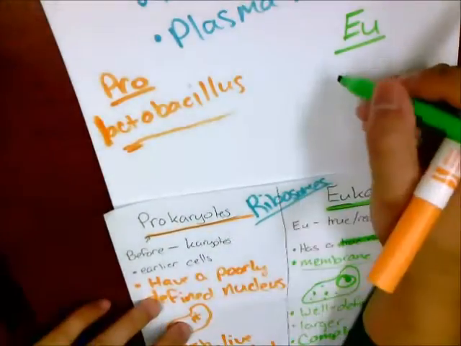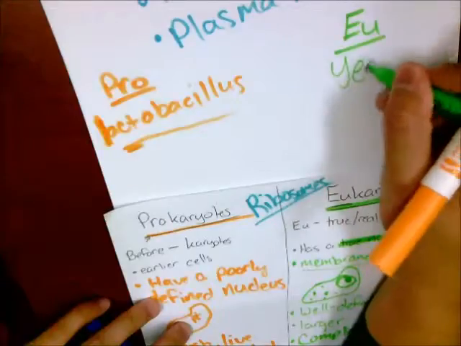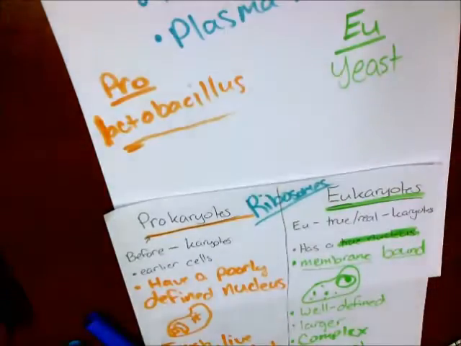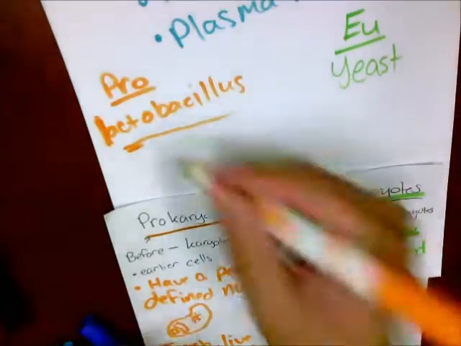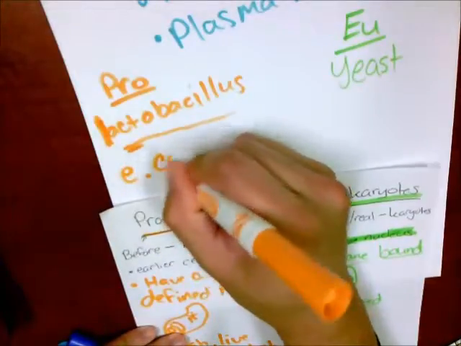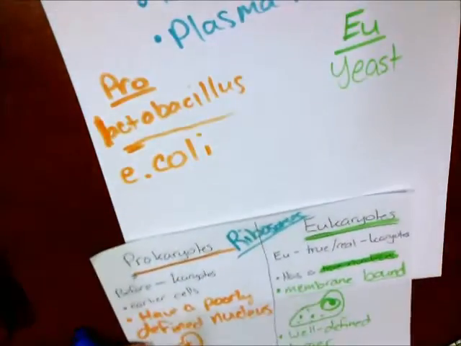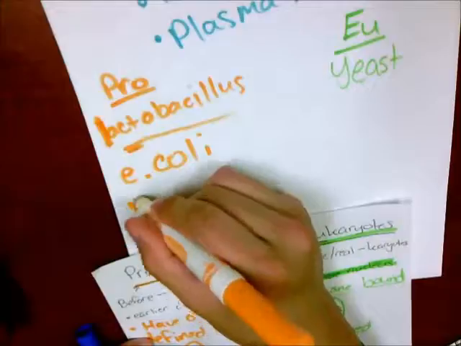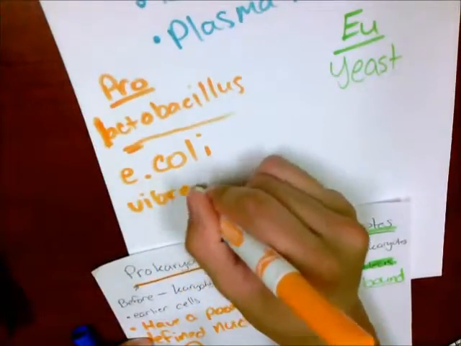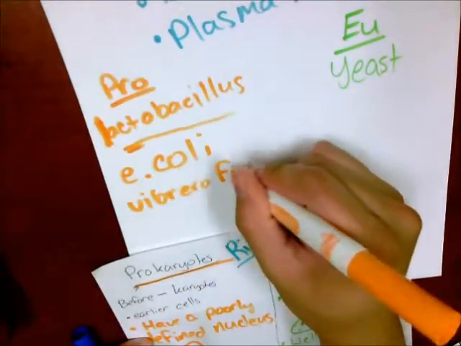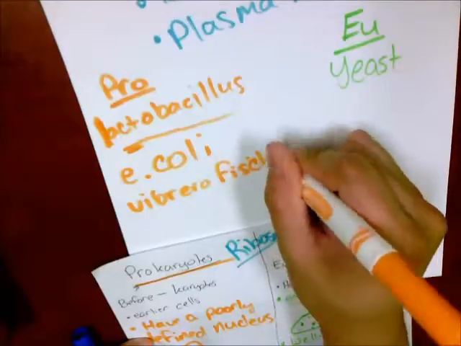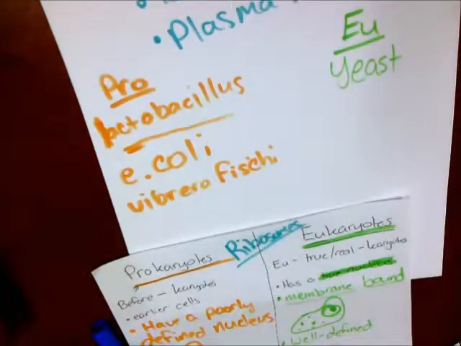I told you earlier that yeast was eukaryote. I actually don't remember if this one's on your mastery test, but that's okay. E. coli, I mentioned earlier, is this. Vibrio, fishy, if I'm not mistaken. Again, I don't know if these actually show up on your mastery test, but I think some of them do. What are some others?